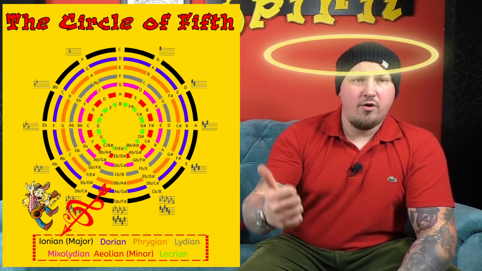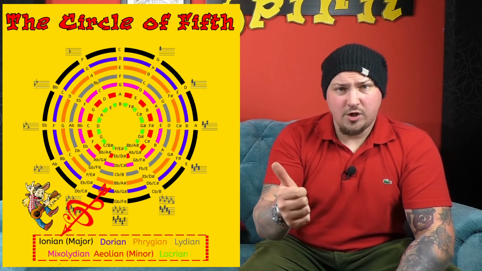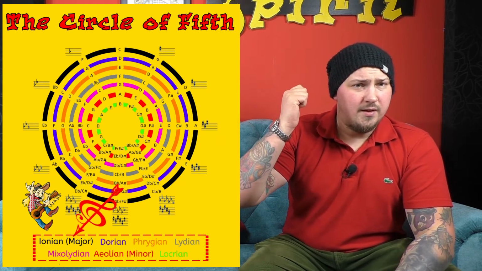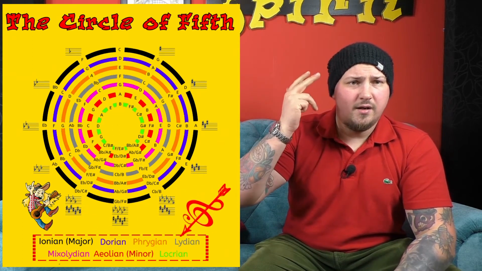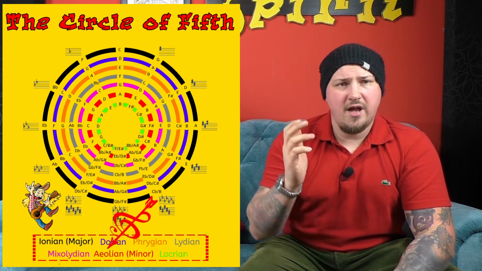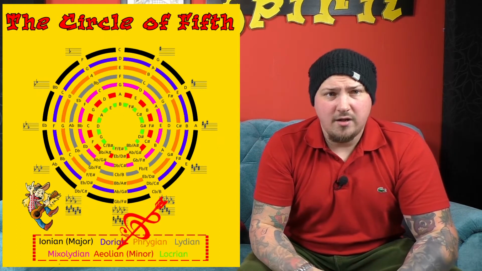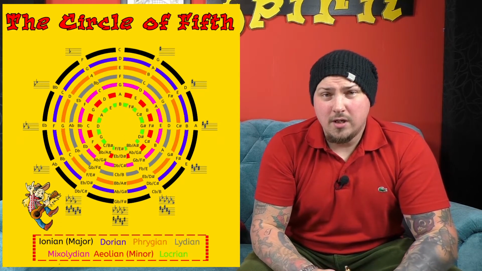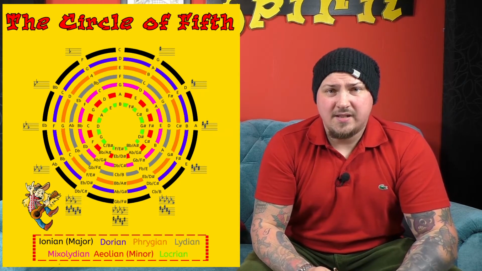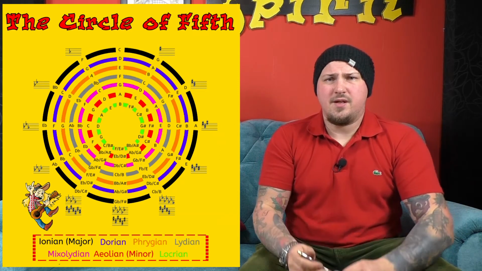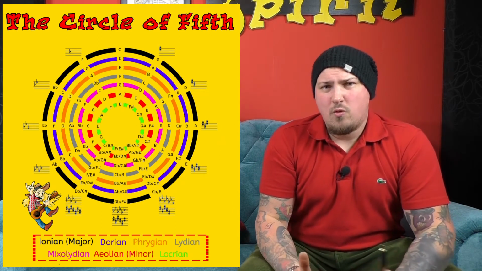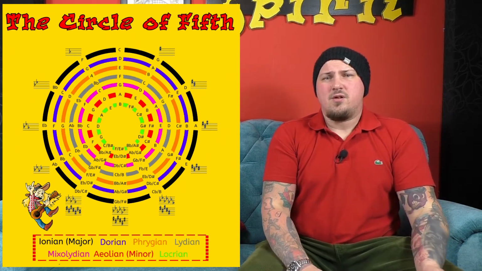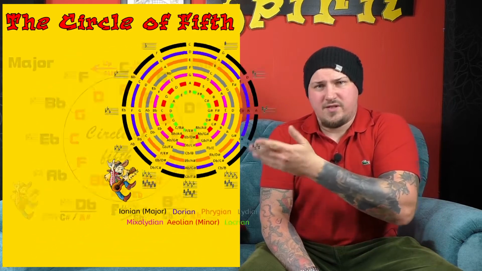It shows you Ionian, it's major, Dorian, Phrygian, Lydian, Mixolydian, Aeolian, it's minor, and Locrian. It's very cool, but it's a very big circle, so you will find the most common circle, the first circle.